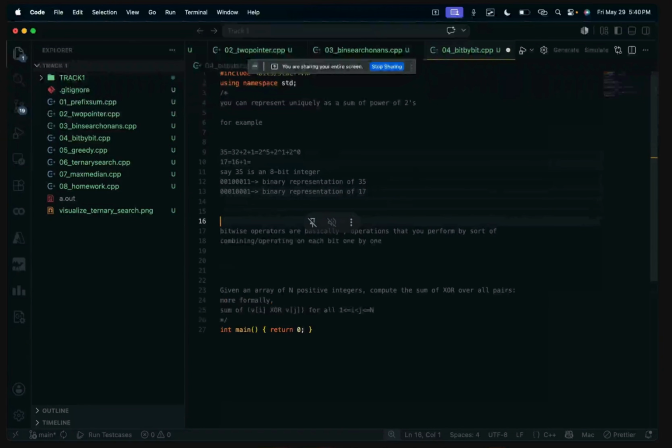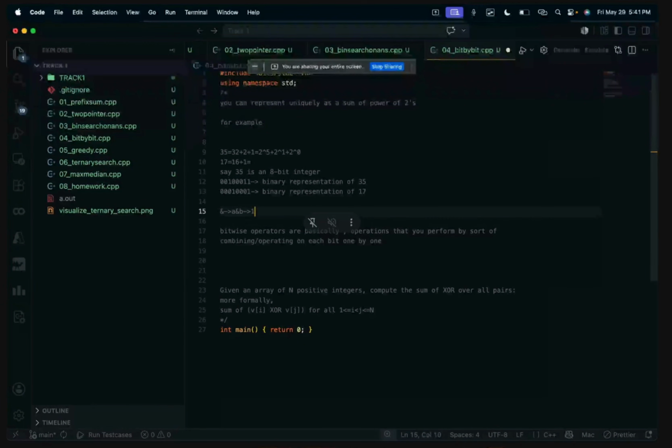There are a few basic types of bitwise operators. The first one is the bitwise AND. It takes two numbers, A and B, visits each bit of these numbers, and the result will be 1 if and only if both these values are 1. To do a dry run, we have 1 and 1.